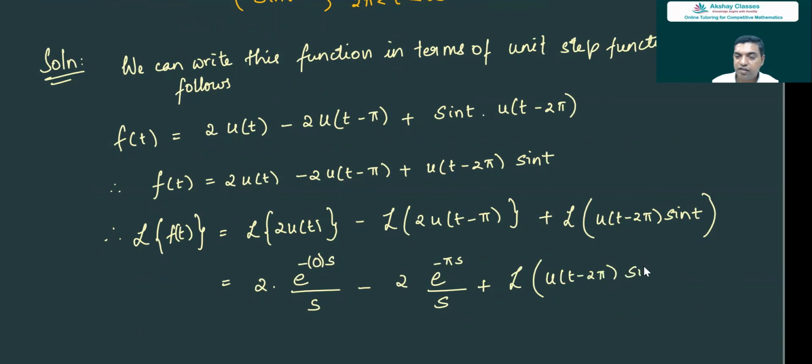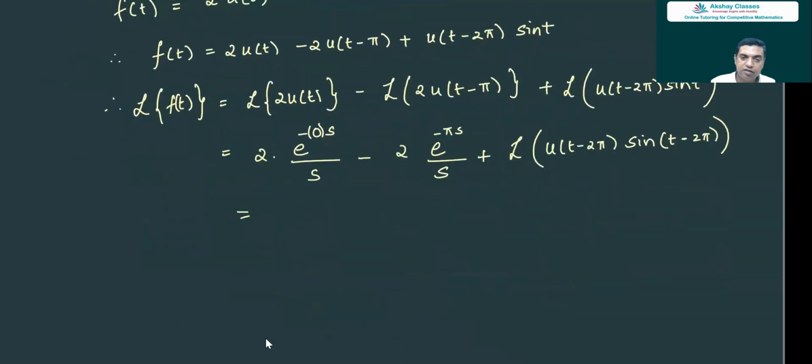Now sine t is also sine of t minus 2 pi. Now we can apply the result here.